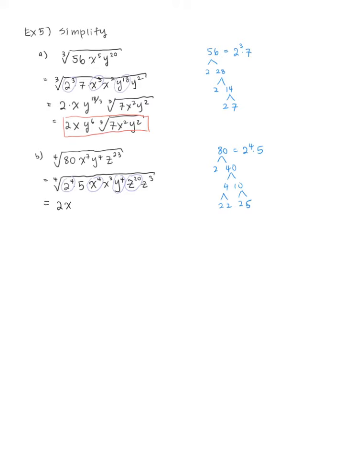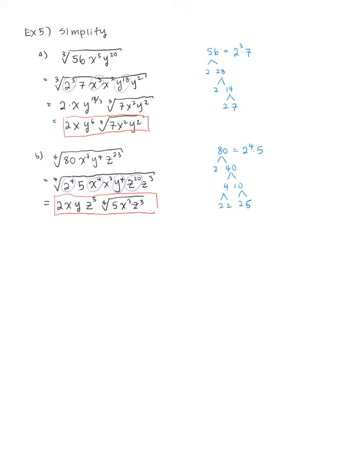And then we have fourth root of y to the fourth, so that's going to give us just the y. And then fourth root of z to the 20, so on z, the exponent is going to be 20 divided by 4, so this is going to become 5. And then the rest of it is fourth root of 5x to the third and then z to the third. And that's going to be the answer.